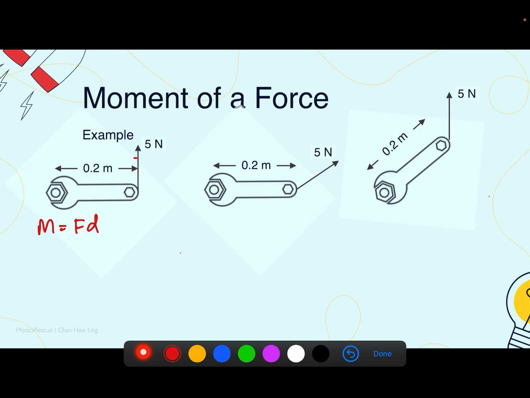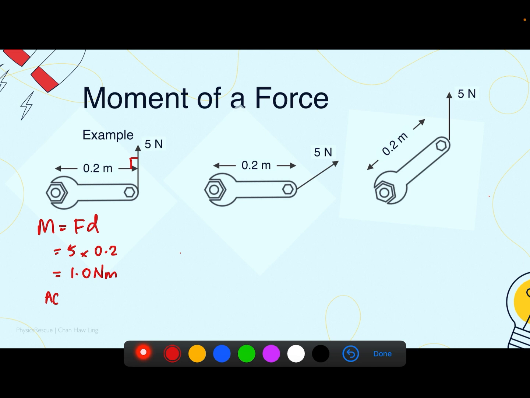Since the force is at right angles to the perpendicular distance of 0.2 meters, it's just 5 times 0.2. If we are using two significant figures, then it will be 1.0 Newton meters anti-clockwise.